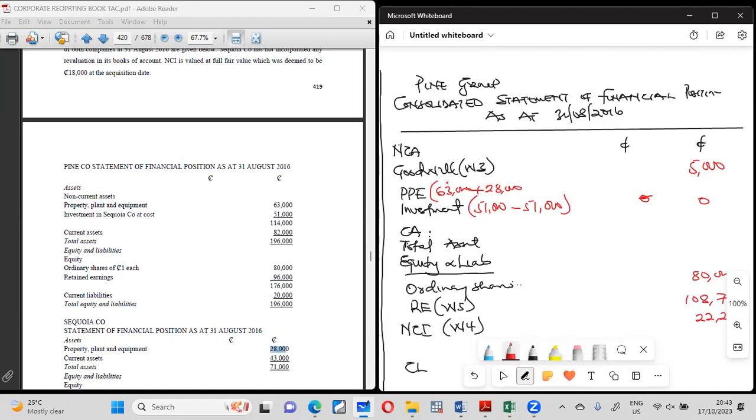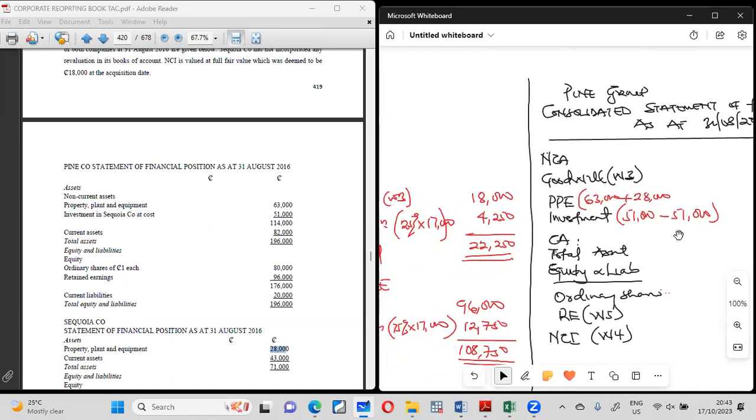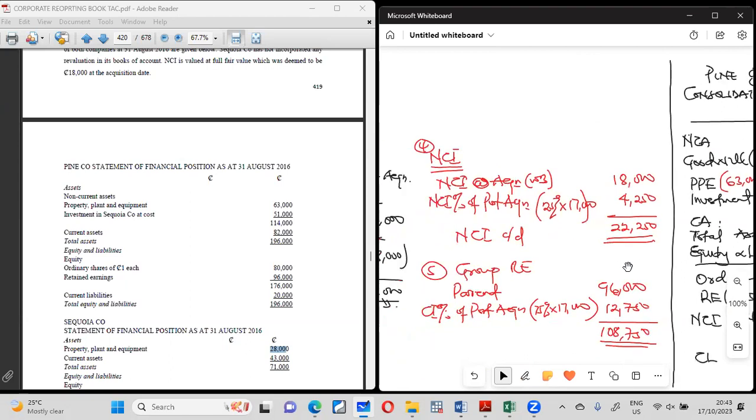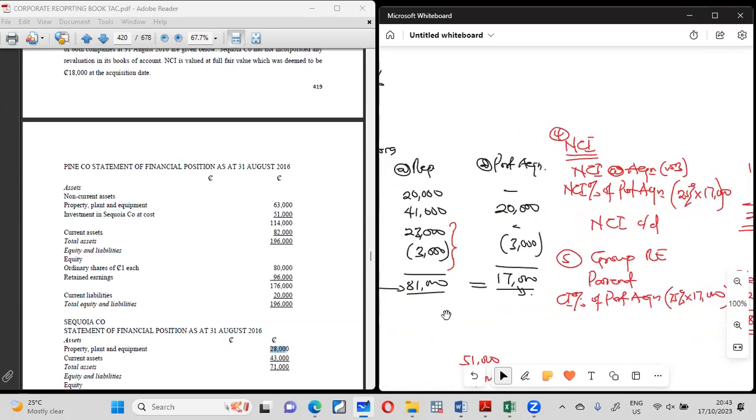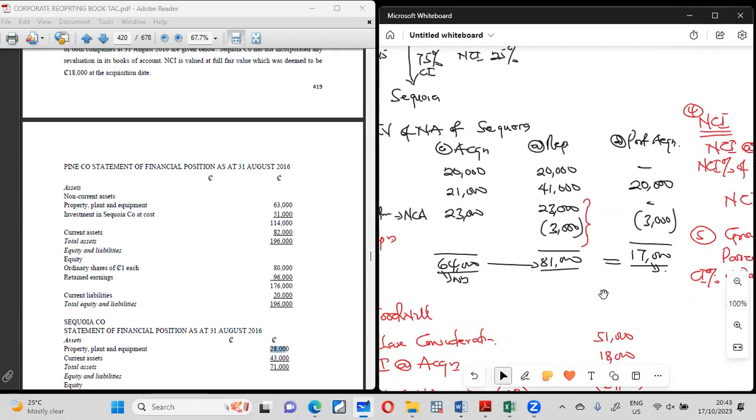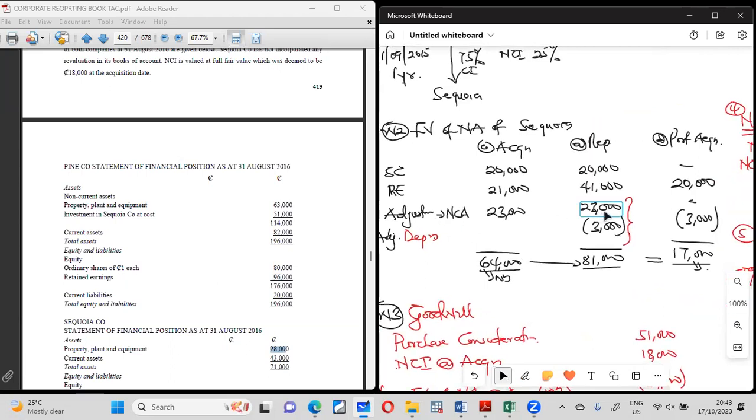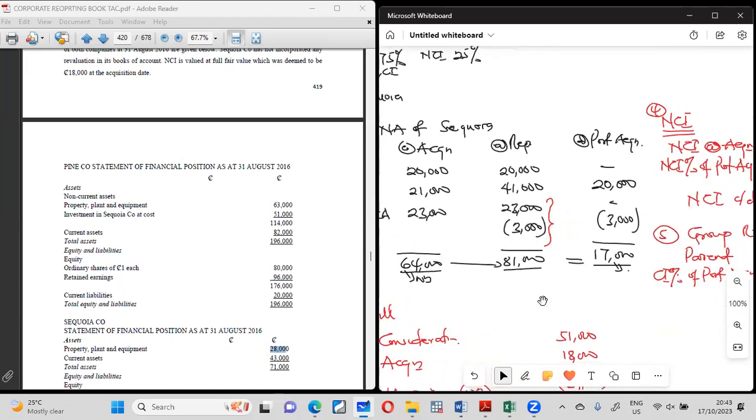Now, when you are done, then you work the adjustment. Don't forget, when we were doing the workings, there were some adjustments, and the adjustments were at reporting date. So this is the balance sheet at reporting date. Have you seen this? The NCA adjustment. So 23,000 is here. Then there's 3,000 depreciation. So you add 23,000 and you less the 3,000 to your NCA.